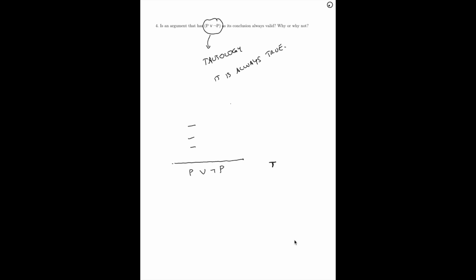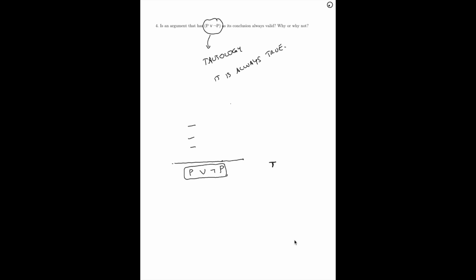If it's always guaranteed to be true, then it's always guaranteed to be true given that the premises are true. So the argument is always valid because the conclusion is a tautology.